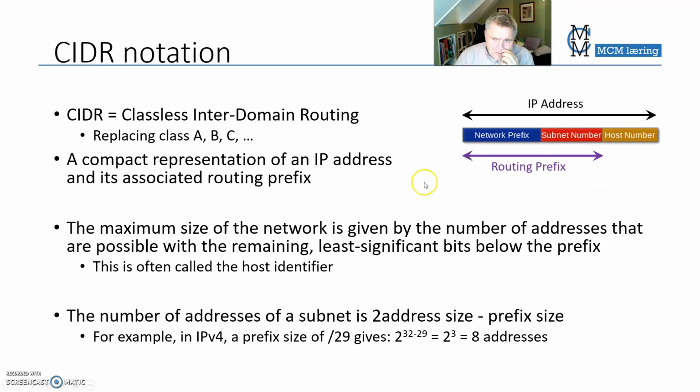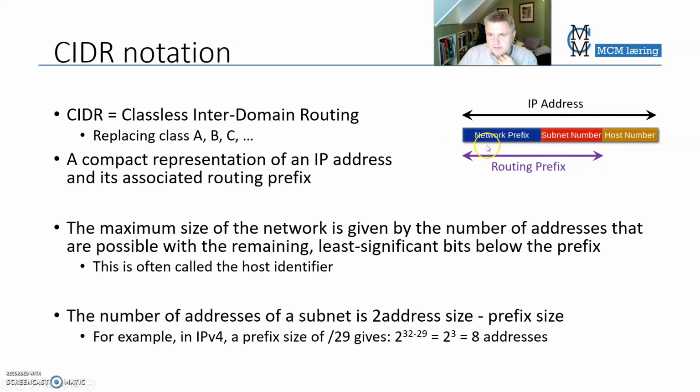If you have a full IP address, in version 4 it's 32 bits. A number of bits is for the so-called routing prefix. The routing prefix tells you where the network is.